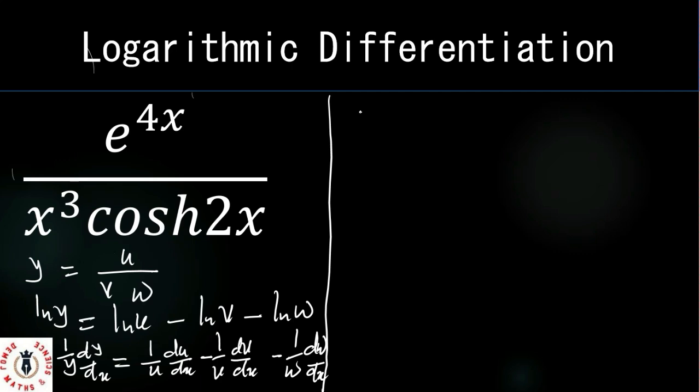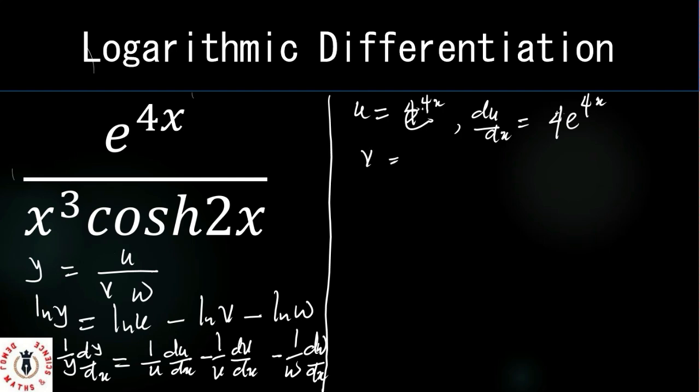My u from what I have up here is e raised to the power 4x, so that the differential of u, from function of a function, du/dx, will be 4e raised to the power 4x.